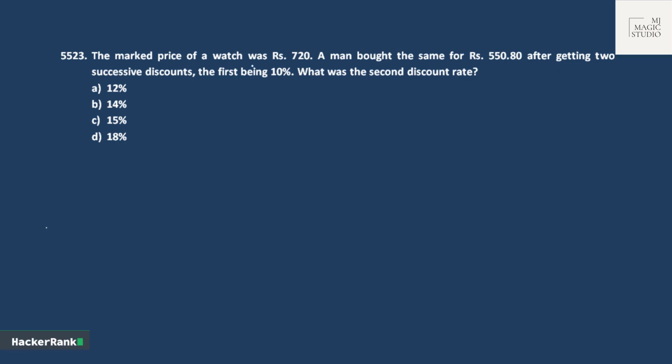The marked price of a watch is 720. That is the printed price. A man bought the same for rupees 550.80, so the selling price to him is 550.80, after getting two successive discounts, the first being 10%.